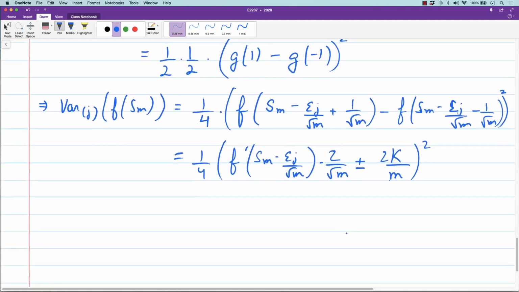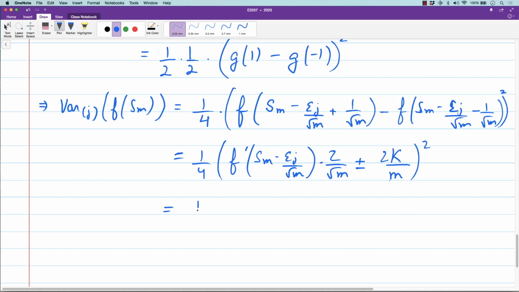Okay, so you can square it. In fact, even this guy can be taken here. It's some constant by m again. For the second derivative part, we can take it here again.